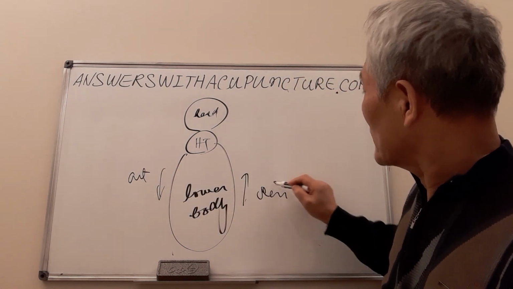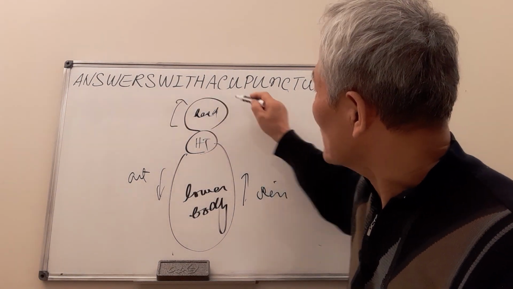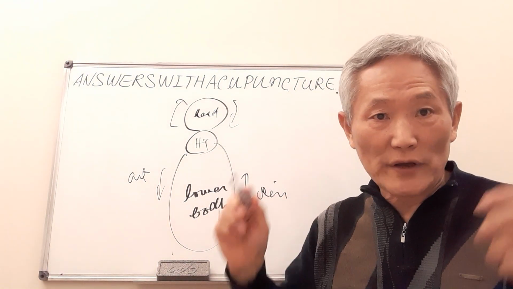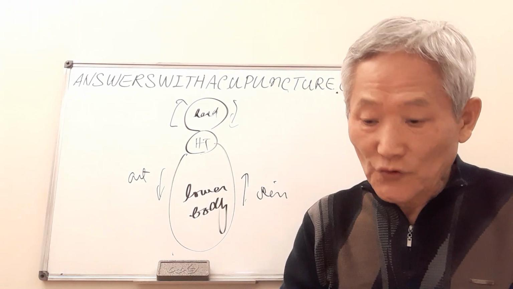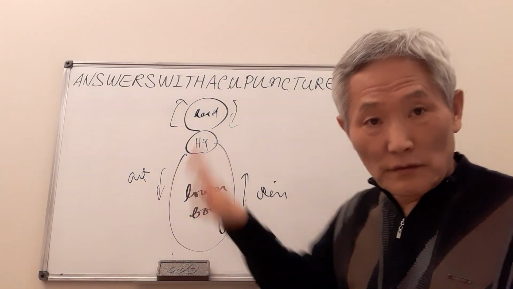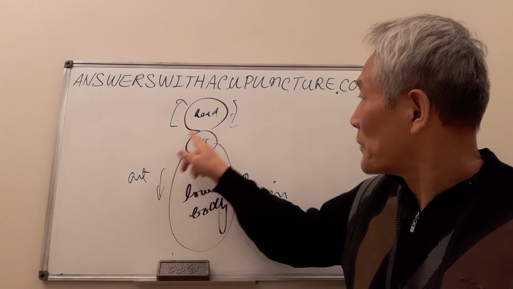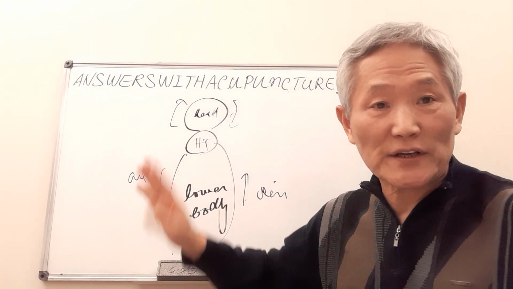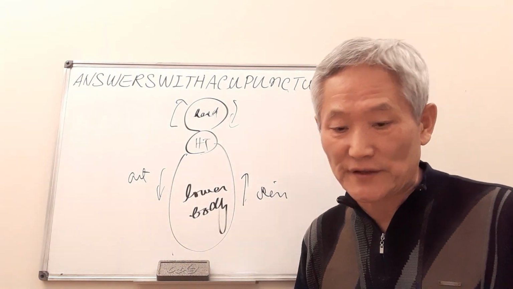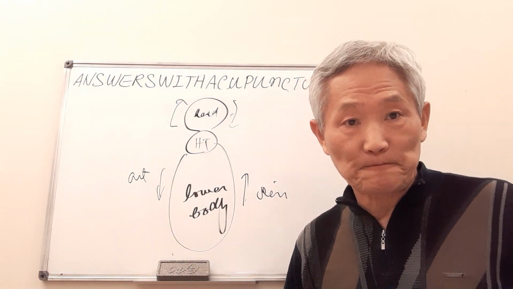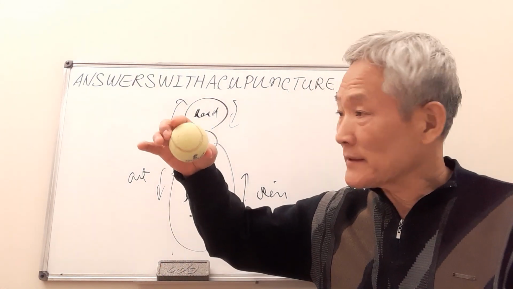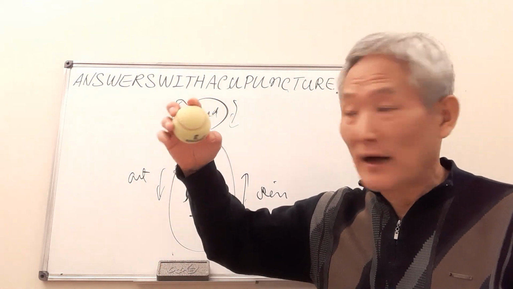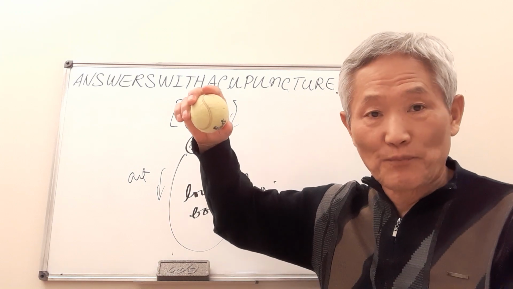Obviously this is the artery, this is the vein too. Maybe this way, but I hope you understand what it means. Now, when this is my heart, this is the blood.